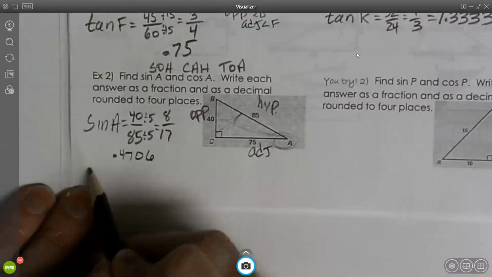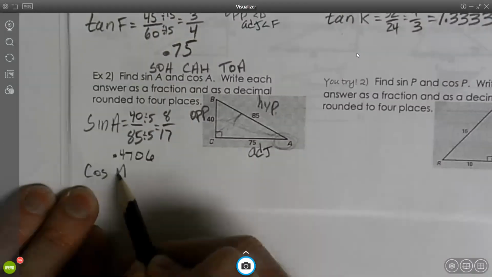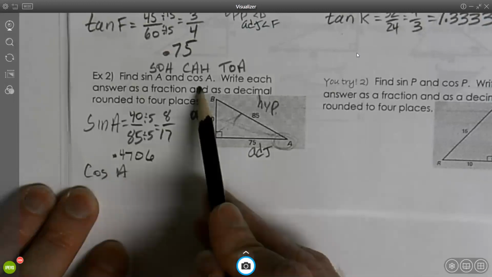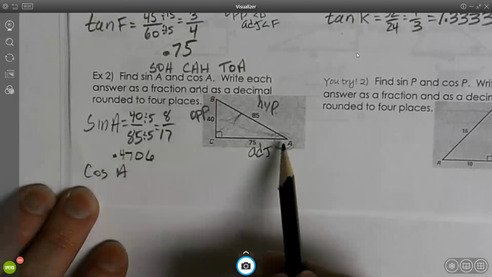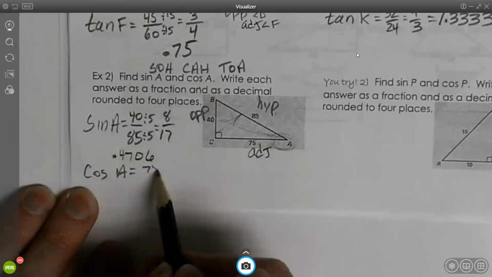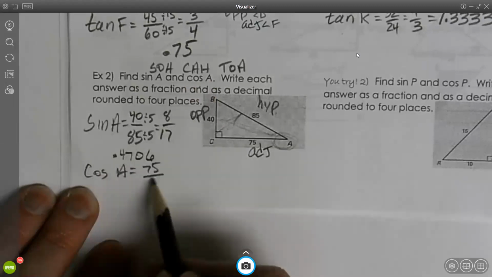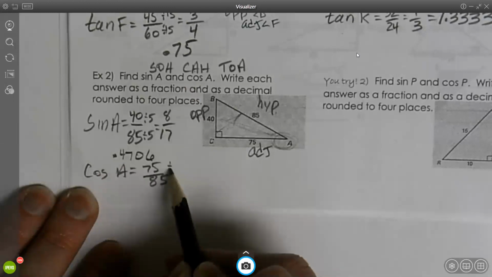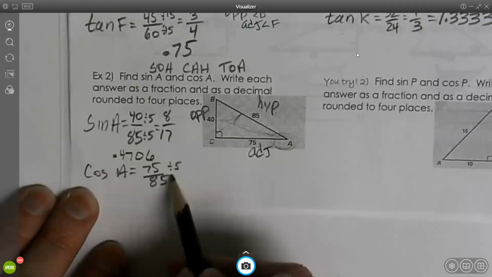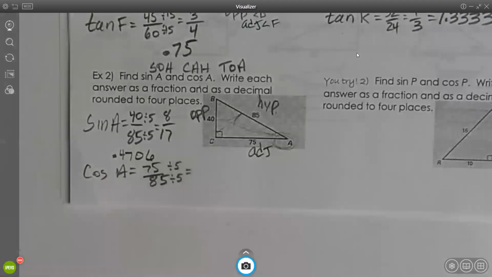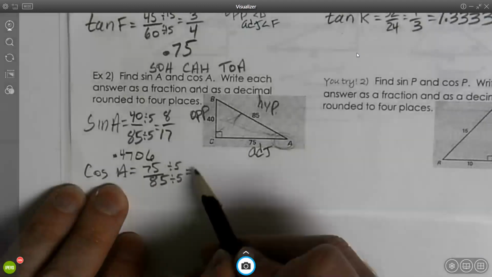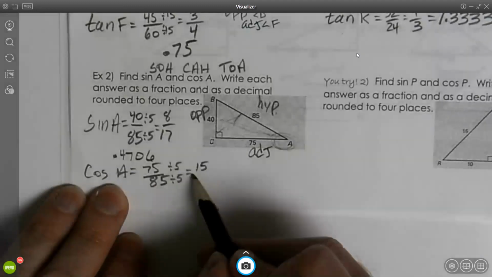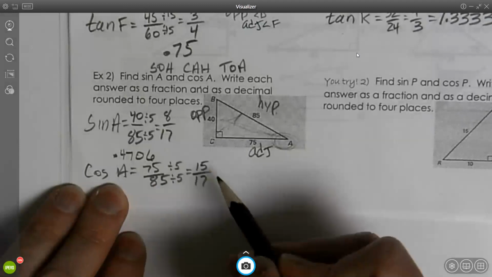The cosine of A is the adjacent over hypotenuse, is the 75 over 85. Again, I know at least 5 goes into both of those numbers. 5 goes into 75 15 times, and 17 times.